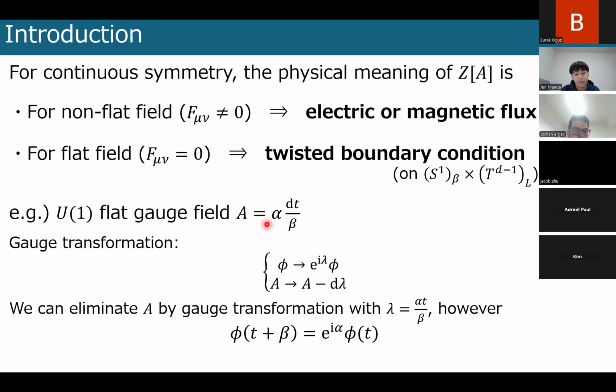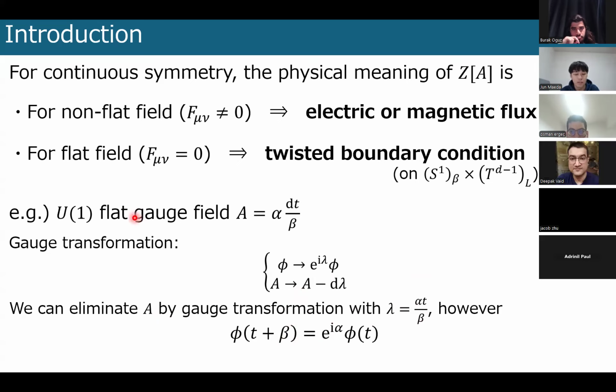This is a constant gauge field, so its field strength is zero, and therefore this is a flat field. And actually, we can eliminate this gauge field A by a gauge transformation with parameter lambda chosen to be this form. So the gauge transformation is given by this, and then we do a gauge transformation with parameter lambda chosen to be this one, and then we can eliminate it. But the price we have to pay is that we must impose twisted boundary conditions for the matter field.